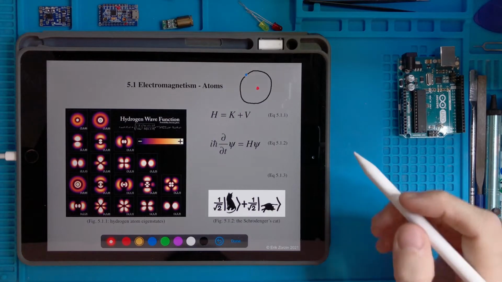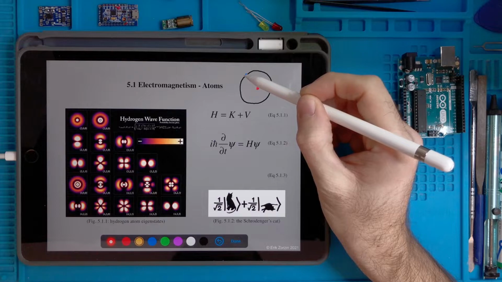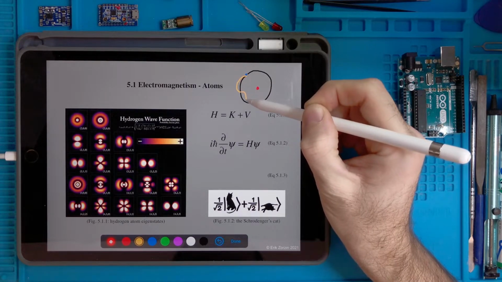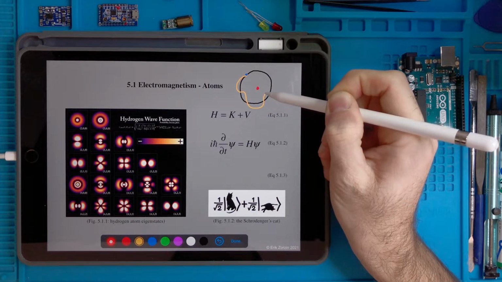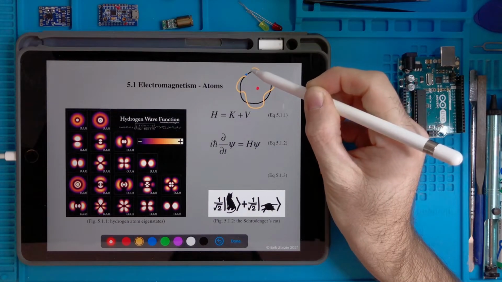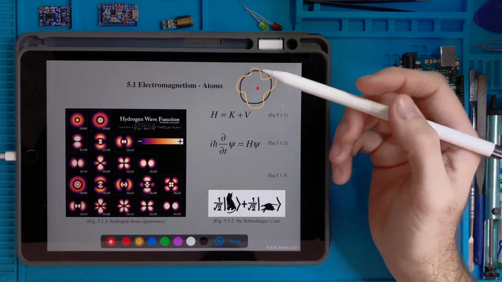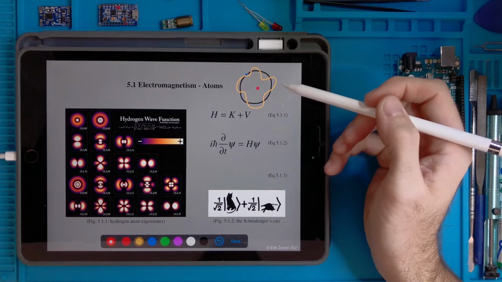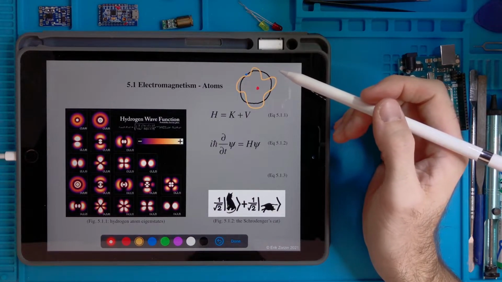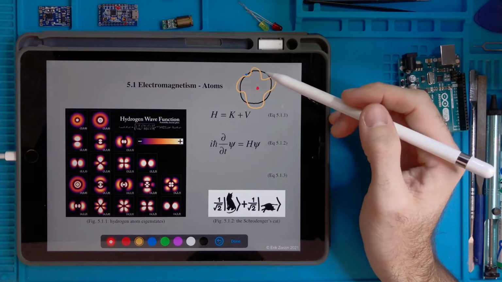And somebody had the idea that this kind of wave should be something like this. Now I make a drawing that maybe in the beginning doesn't have a lot of sense, but now we will explain it. They thought there should be some kind of wave propagating in an unknown, uncertain way around the nucleus of the atom.